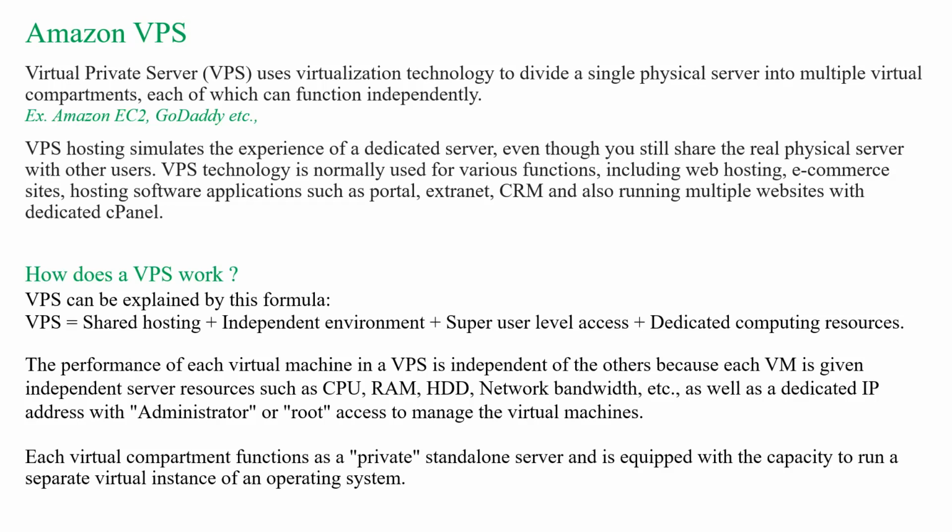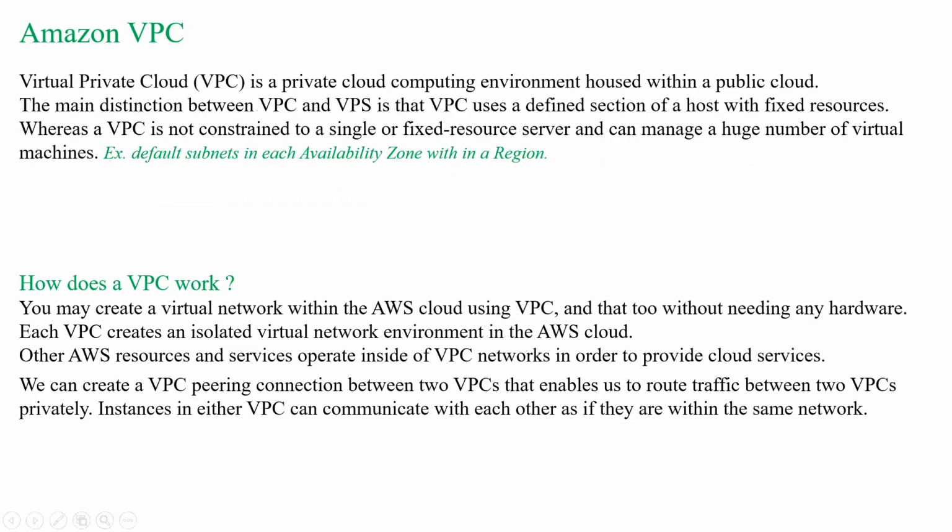With this, we'll be completing the topic of VPS. There are other similar topics. Let us compare and understand in detail the other types of virtualization that we can create. The next one is VPC, Virtual Private Cloud.